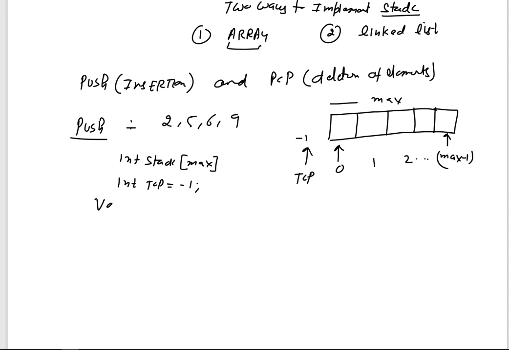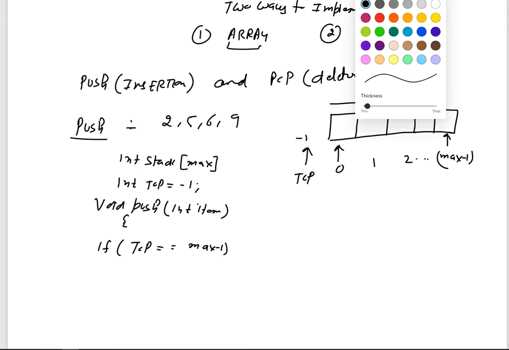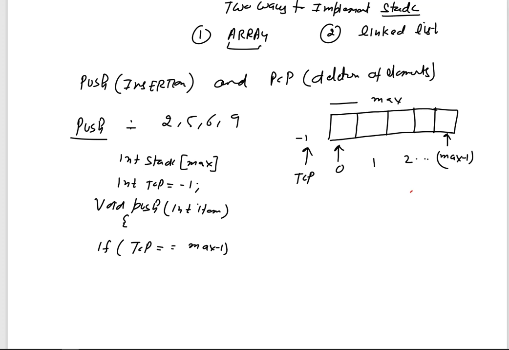Now we will create one push function, and let us suppose that we want to insert some user defined item. We will check if this top position is equal to maximum -1. We are checking whether top is pointing to this last position or not.